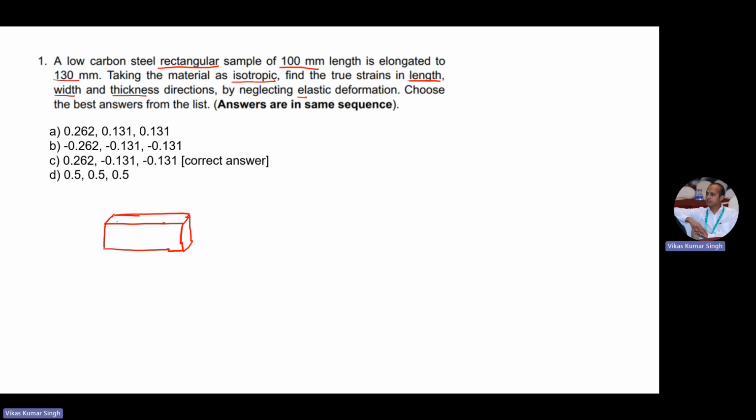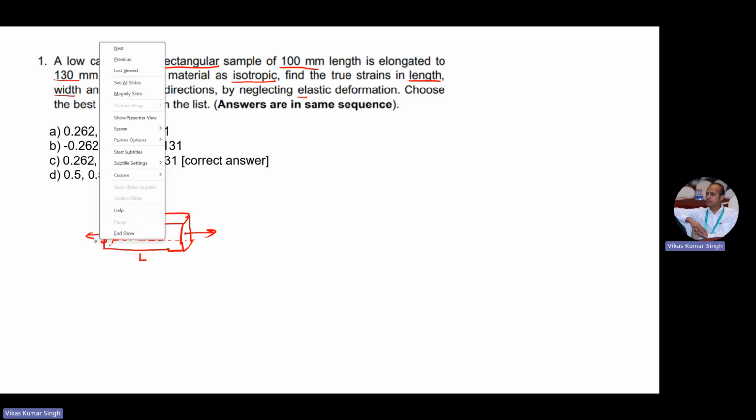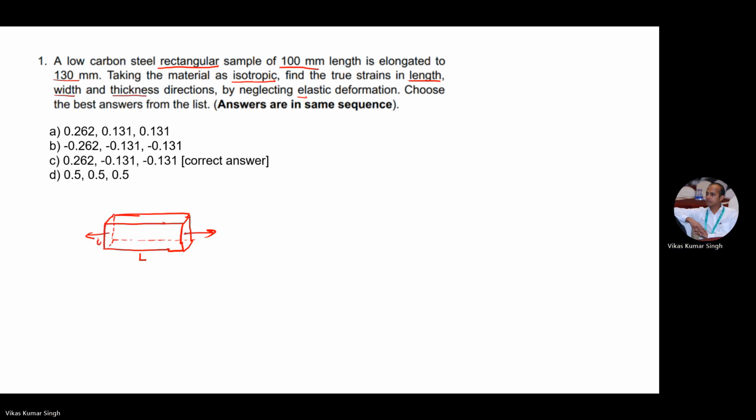On this face we have one force, and on another face we have one force, pulling it like this. This is the length, this is the width W, and this is the thickness.